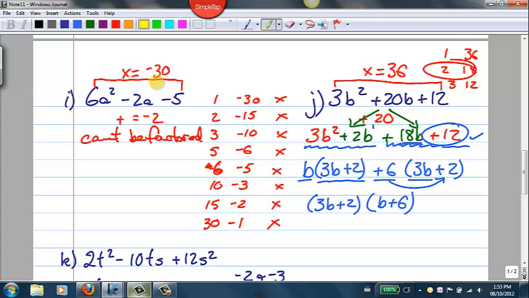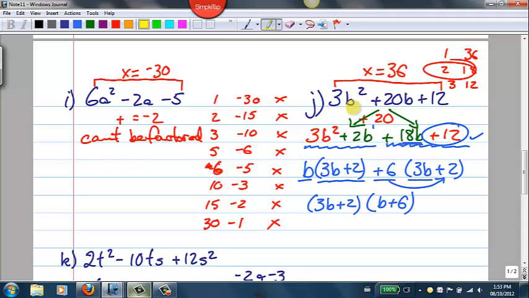I make a list of all the numbers that have a product of negative 30, so 1 and negative 30, 2 and negative 15, 3 and negative 10, 5 and negative 6, etc. And then I look at all of those and find out which ones add to negative 2. So that doesn't, that doesn't, that doesn't. Nothing actually adds to negative 2. And if that's the case, then it can't be factored.